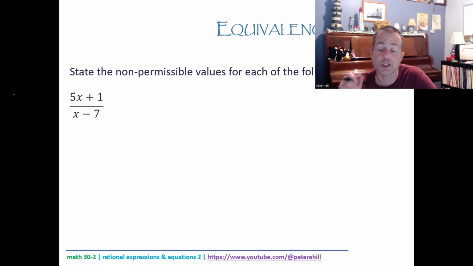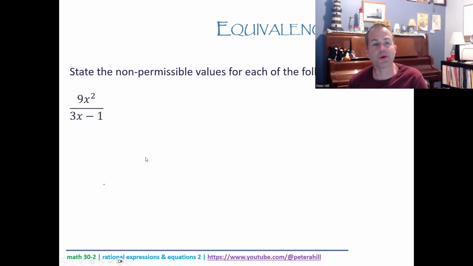It's about the denominator not being able to be 0, right? If x was 0 here, that's totally okay. I'd get a -7 out on the denominator, and I can totally divide anything by -7. Okay, so what x actually can't be is +7, because that would cause me to have a 7 minus 7, and that would give me a 0. Okay, so x can't be 7 on that one.